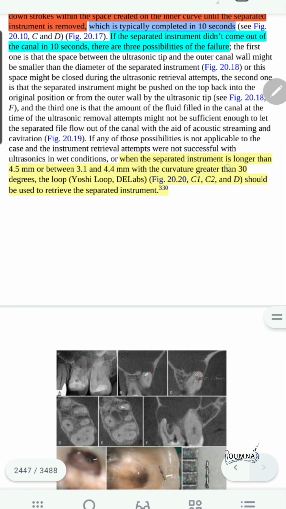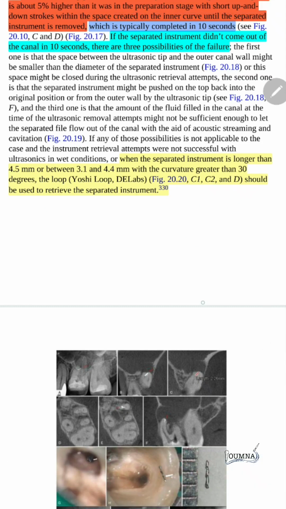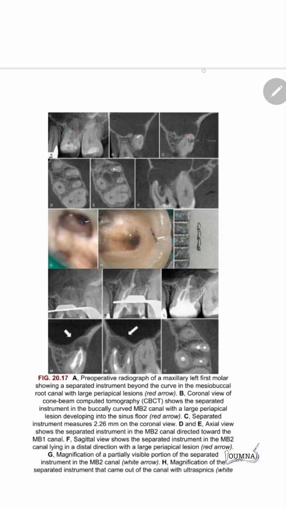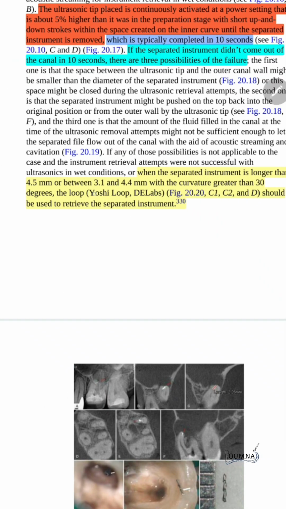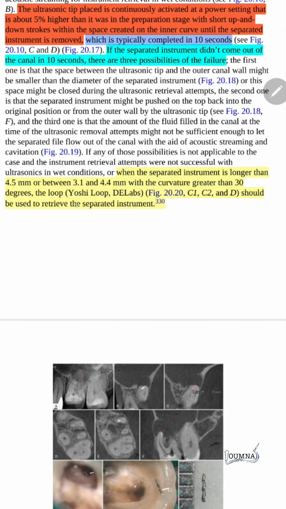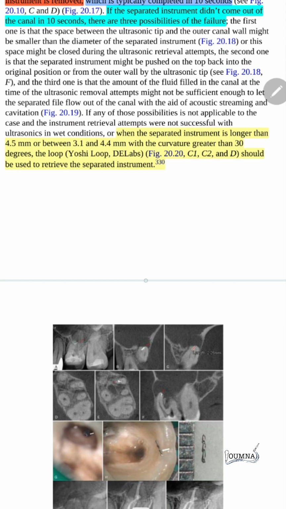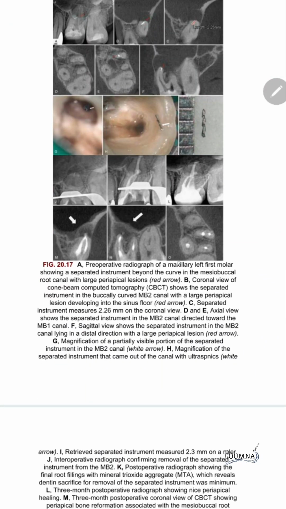But when the separated file is longer than 4.5 millimeters, or with a curvature greater than 30 degrees, the loop, which is the Yoshi loop, should be used to retrieve the separated instrument. Or if the file is not long but the curvature is more than 30 degrees, the loop is also useful.